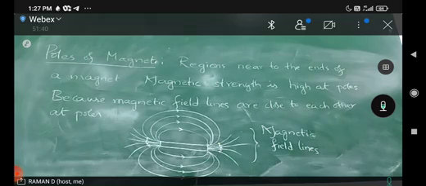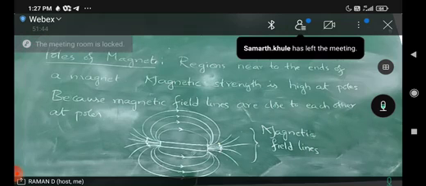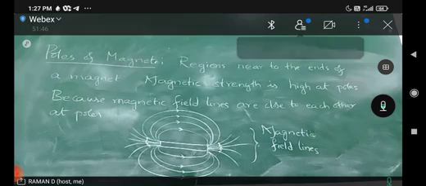So, whichever the pole is showing the north direction of the ground, that will be that magnet's north pole. And whichever the pole is showing the southward direction of the ground, that is the south pole. In that way, you have to mark on the magnet.